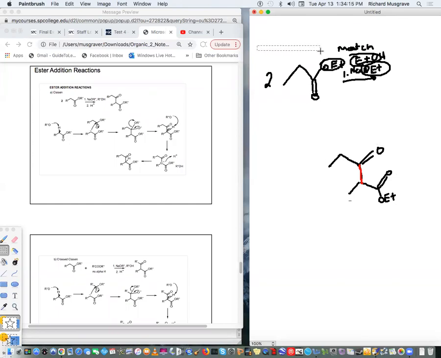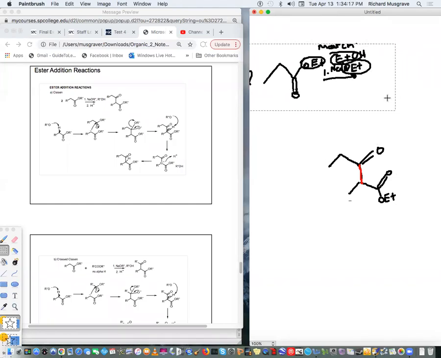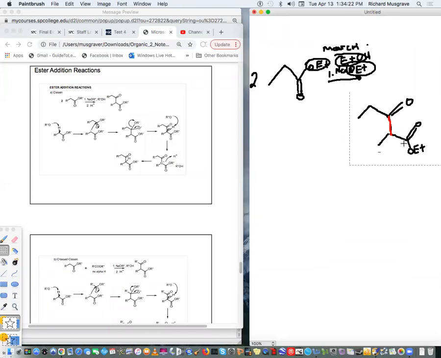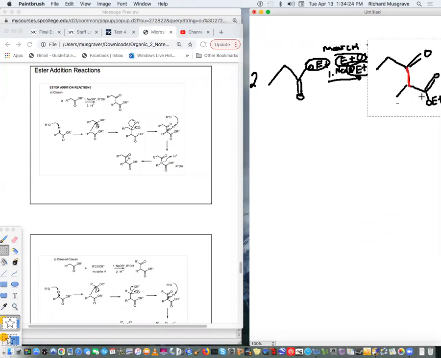Let me move this over a bit. So let's do the mechanism for this one.